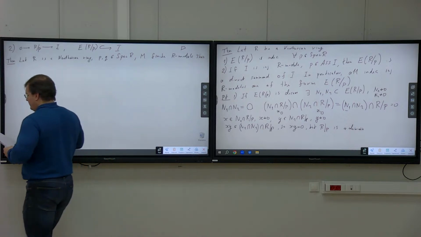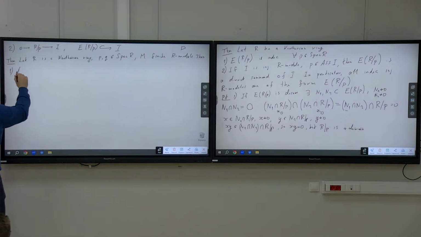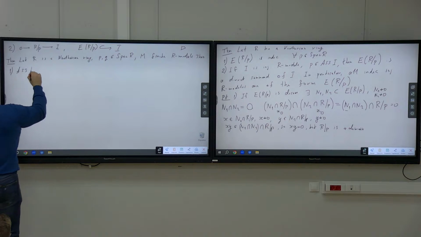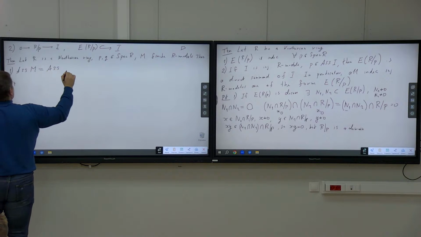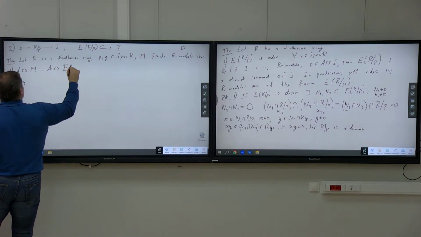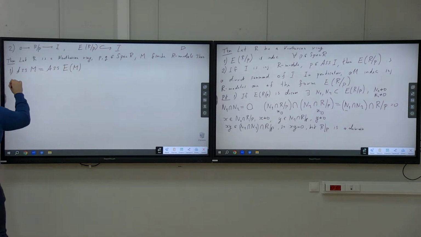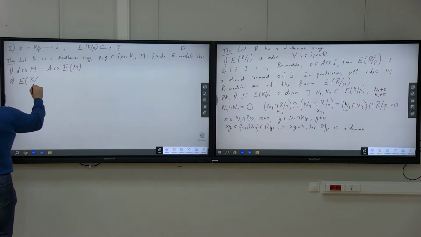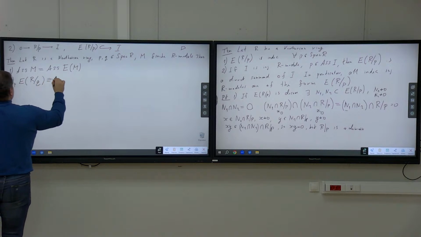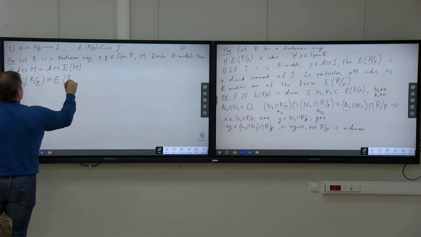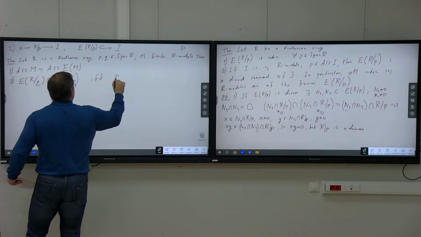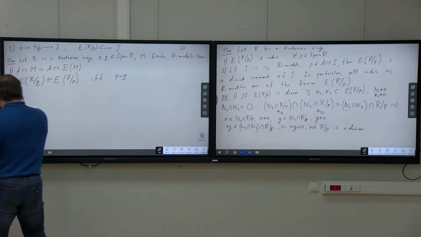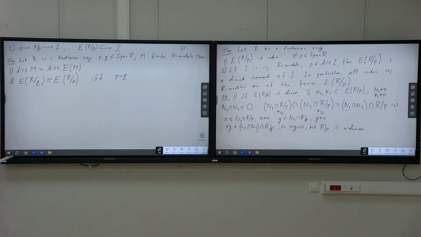First, the set of associated primes of M is the same as the set of associated primes of the injective hull of M. And the second statement is that the injective hull of R modulo Q is isomorphic to the injective hull of R modulo P if and only if these are the same two prime ideals.